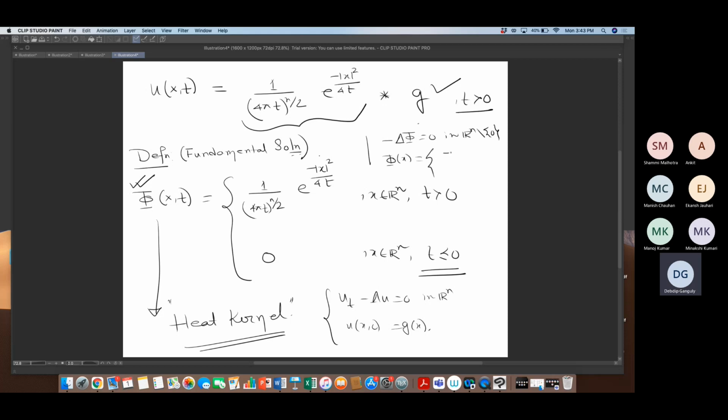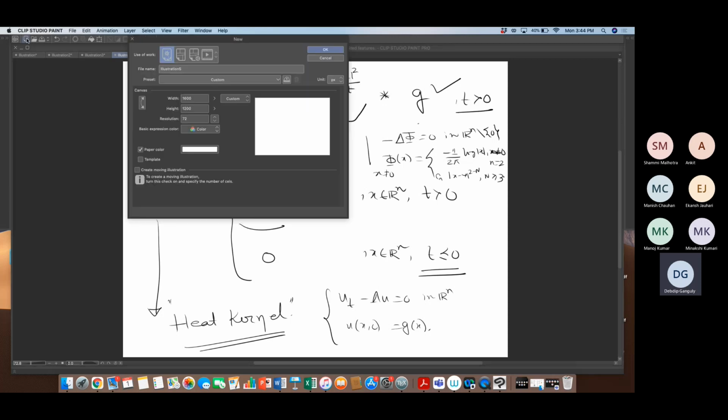It is minus 1 by 2 pi log of mod x for n equal to 2, and some constant times mod x to the power 2 minus n for n greater than or equal to 3. Here, for all n there is only one fundamental solution, which is given by 1 by (4 pi t) to the power n by 2 e to the power minus mod x square by 4t, the Gaussian type distribution. But of course this depends on t.